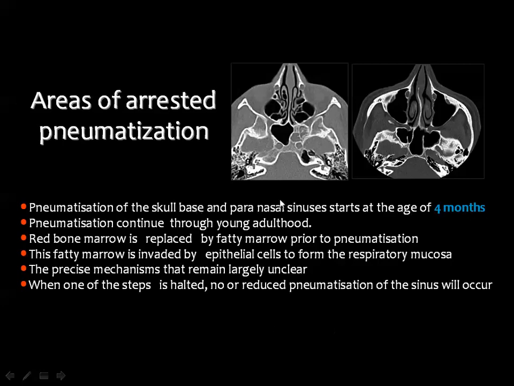Pneumatization of the skull base and the paranasal sinuses starts at the age of 4 months, and it continues to young adulthood. First, the red bone marrow is replaced by fatty marrow before pneumatization. Then fatty marrow is invaded by epithelial cells from the respiratory mucosa, and then pneumatization will occur.